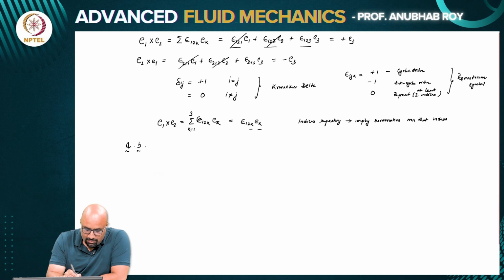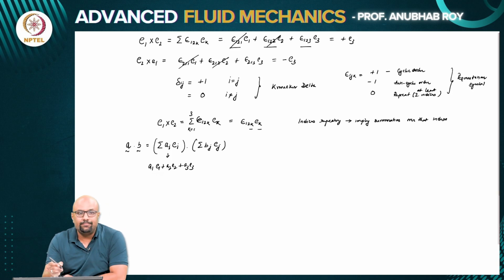So, A dot B. Now, what is A dot B? A dot B I can write as Ai Ei. This means it's A1 E1 plus A2 E2 plus A3 E3. This is now dotted with Bj Ej.